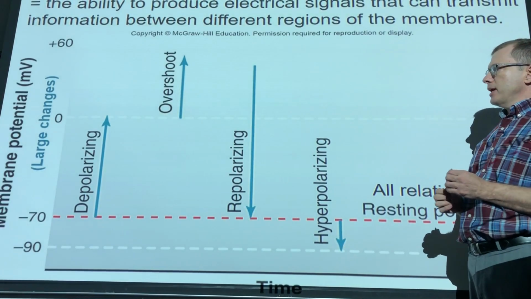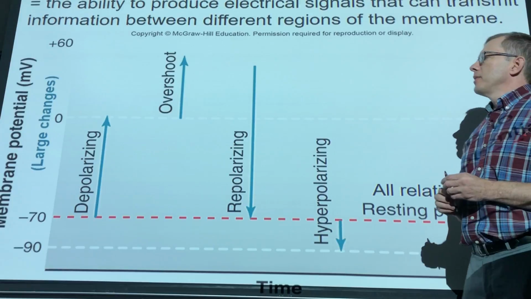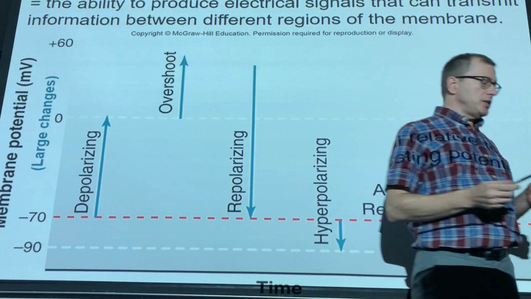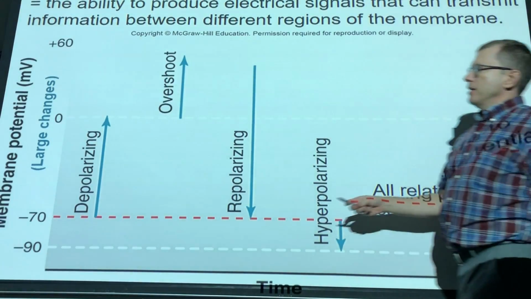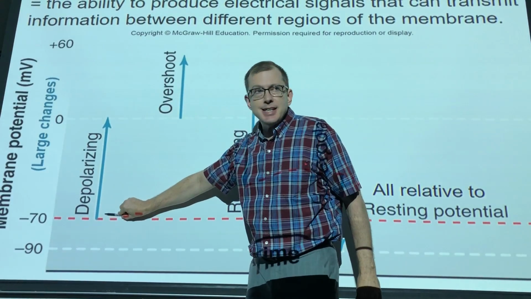So, depolarization. Okay? Depolarization, if you see a minus something, you would think, oh, well, that just goes minus to plus. It's real important to think that what it is is less negative.